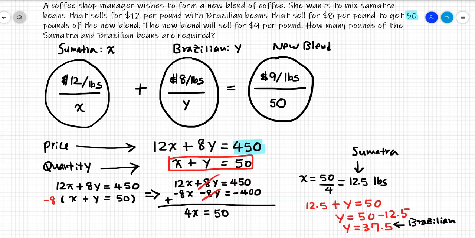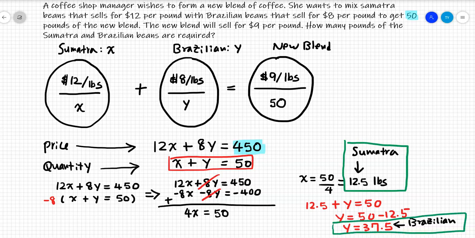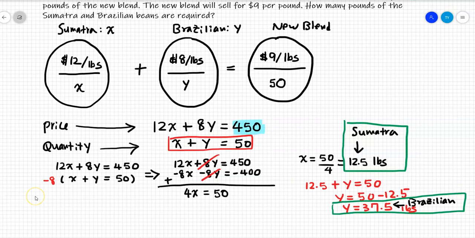Okay, so we're going to be needing 12.5 pounds of Sumatra bean and 37.5 pounds. I forgot to write pounds here of the Brazilian blend. Okay, so if you plug those in, you get 50 pounds, right?